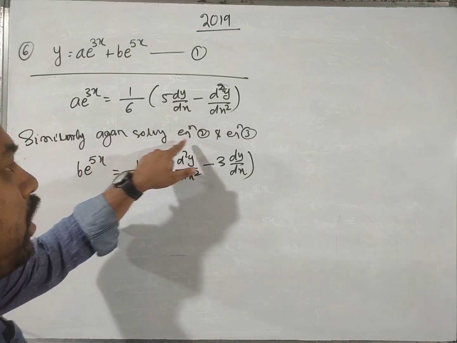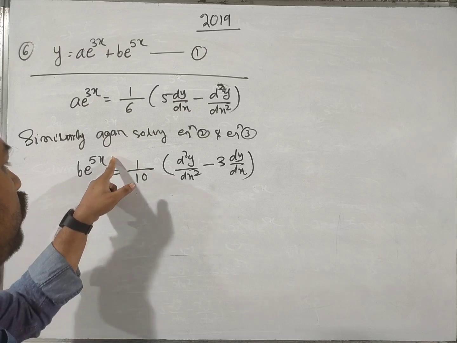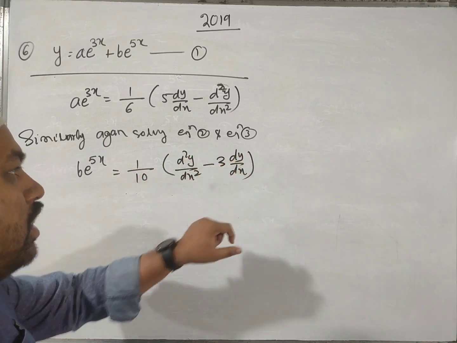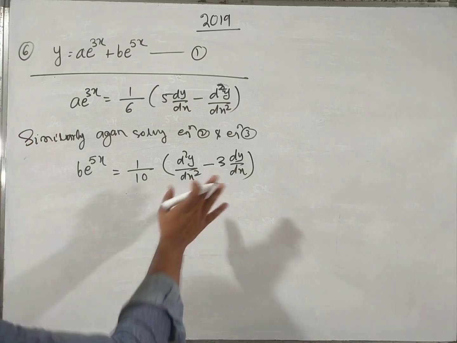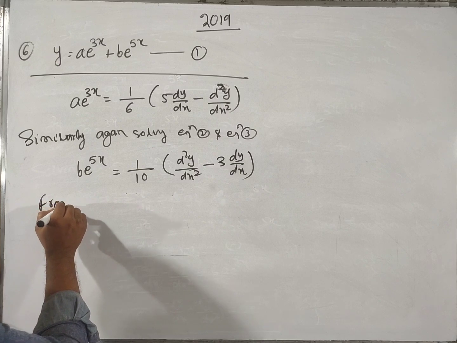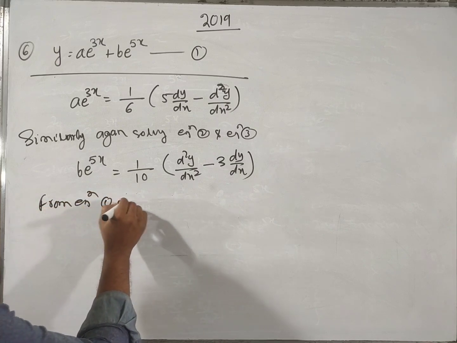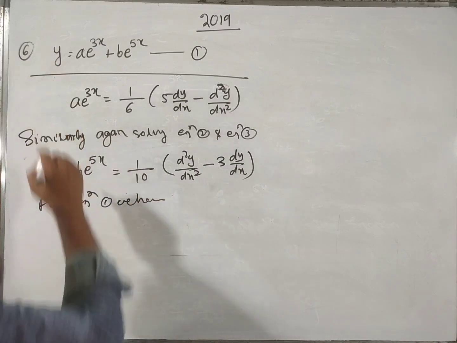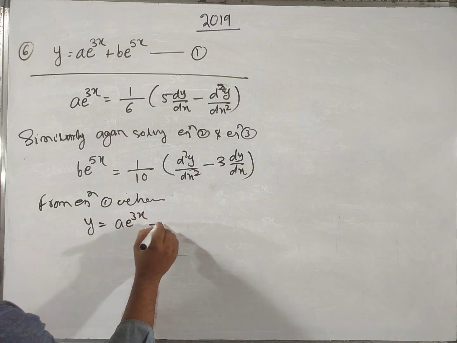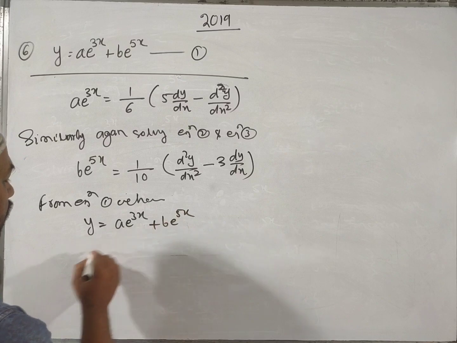Similarly, again solving equation 2 and 3, we can have b into e to the power 5x is equal to 1 by 10 into d square y upon dx square minus 3 dy upon dx. And you have to prove it. From equation 1, we have y is equal to a into e to the power 3x plus b into e to the power 5x.